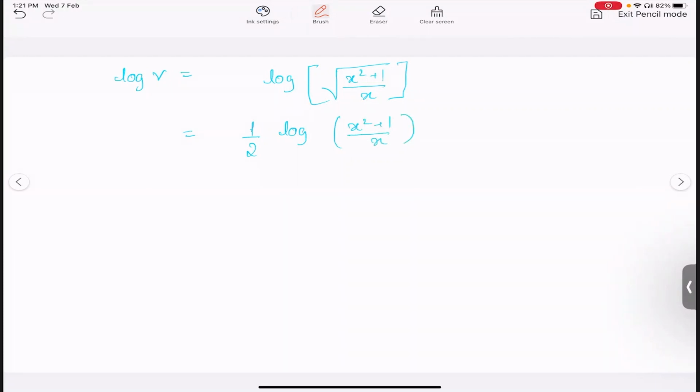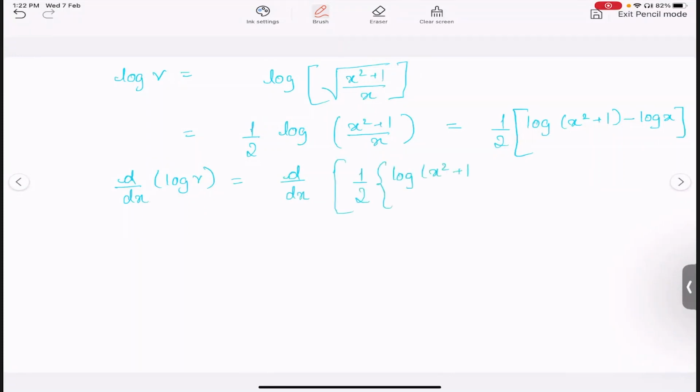Now this will be equal to half of log of m by n, so this can be written as log of x square plus 1 minus log of x. Now we have to find d by dx of log of v. So this will be equal to d by dx of half of log of x square plus 1 minus log of x.